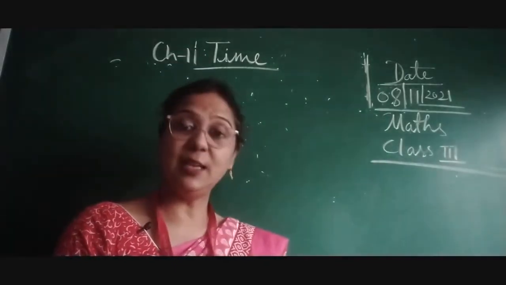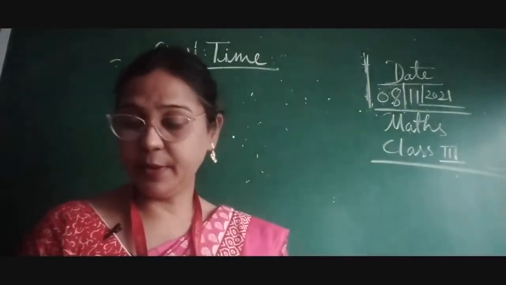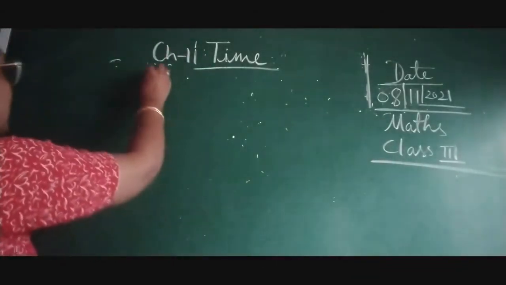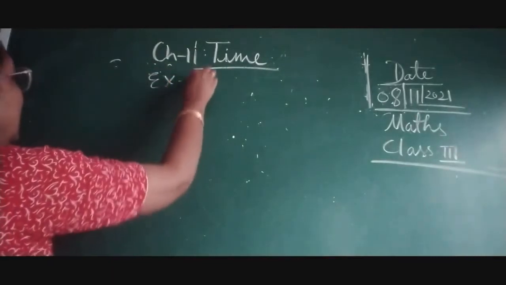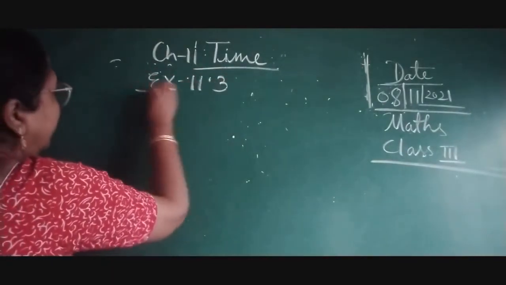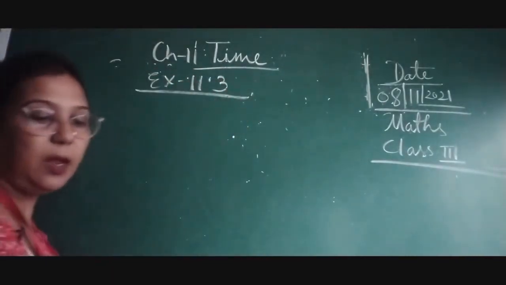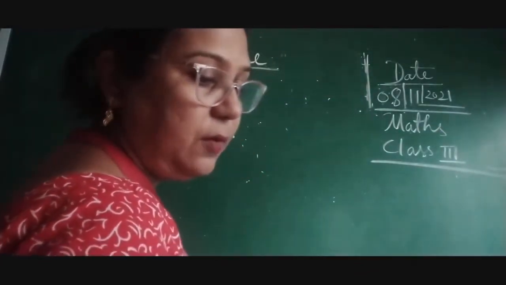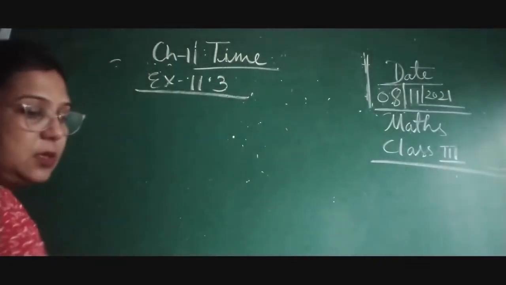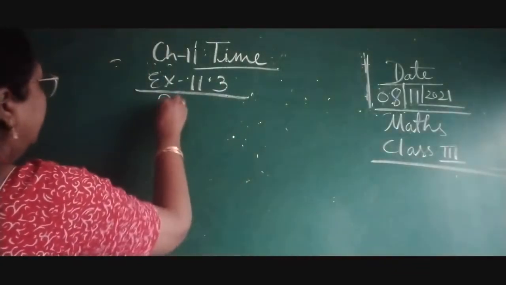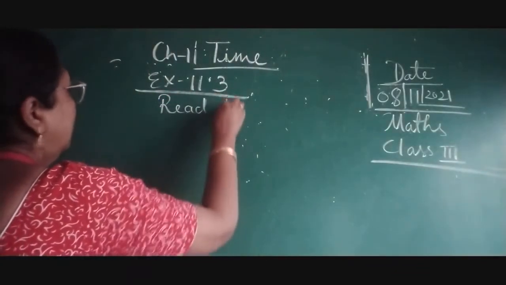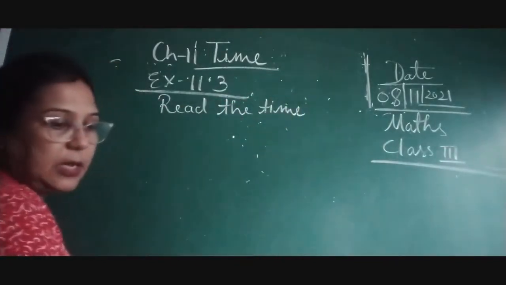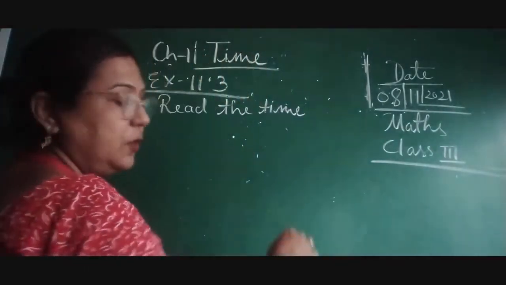So children, let's start doing our exercise 11.3. It is based on that. This is exercise number 11.3. First, read the time on each of the following watches and write it in the box.